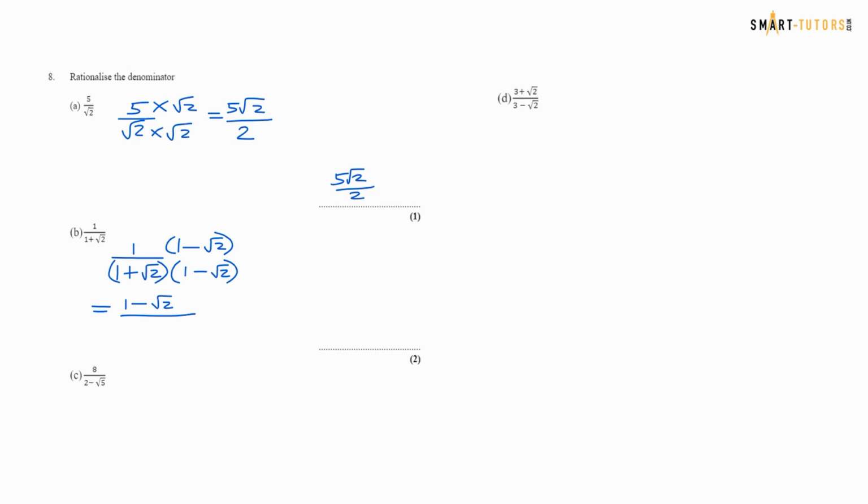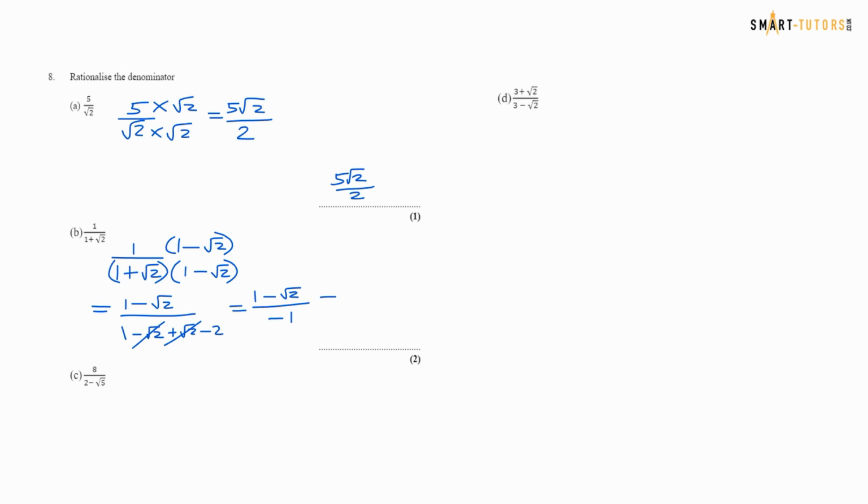But if you are not familiar with the formula method, you just expand the brackets. 1 times 1 is 1. 1 times minus root 2 is minus root 2. And root 2 times 1 is plus root 2. And root 2 times root 2 is just 2 but minus 2. So the answer is 1 minus root 2 over 1 minus root 2 plus root 2 minus 2. 1 minus 2 is minus 1, right?